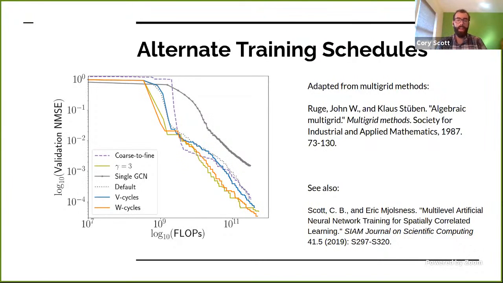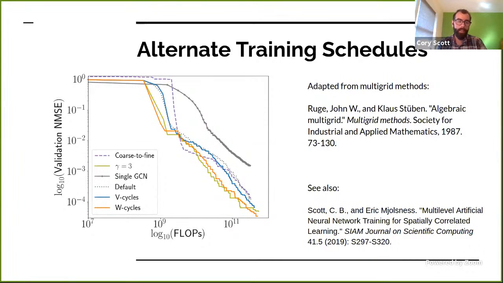So again, on this plot, I have a comparison to a single GCN model, and then I have several different methods of moving through training schedules for the whole hierarchy top to bottom. For example, you can imagine starting out training only the coarsest model, and then training the coarse model and the intermediate model, and then training the coarse model, intermediate model, and fine model all at the same time.